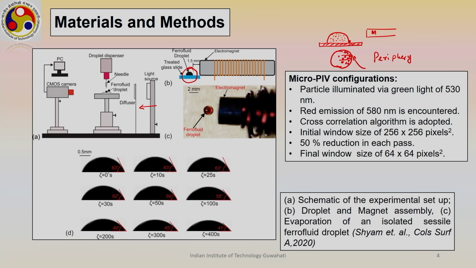What we can see from this slide is that the droplet is placed over here and the droplet is energized using an electromagnet, and if we now switch on the magnet, the particles will be attracted towards the periphery which is close to the electromagnetic core. That means particles will move towards the right.